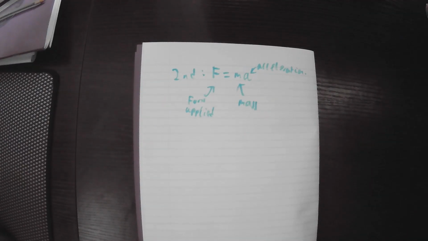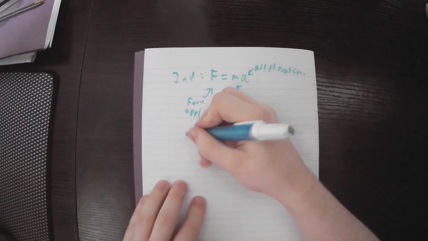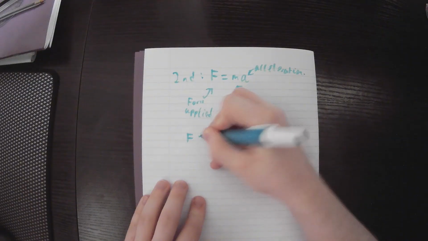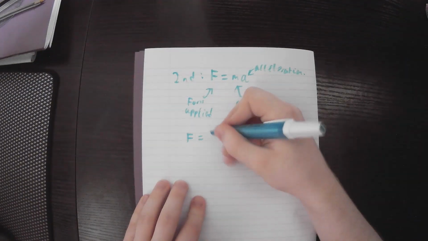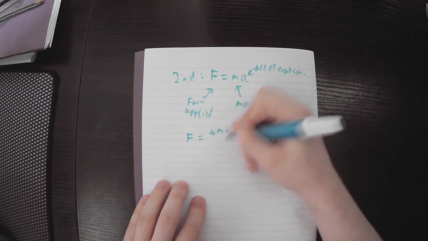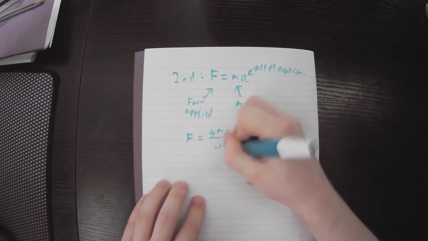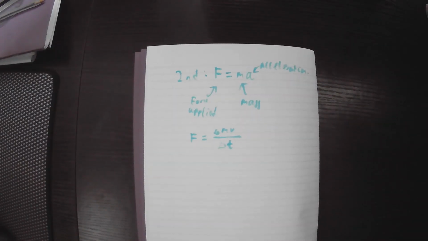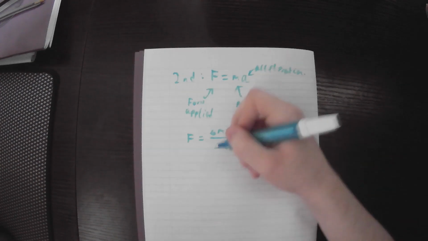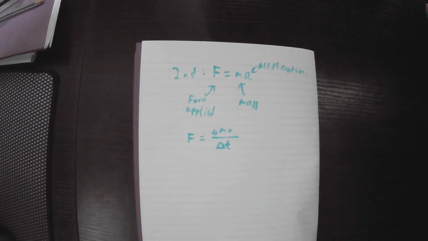Right? Simple enough. Another form that you may see this in, and this is actually the form that Newton made himself, is that F is equal to delta mv over delta t. It is the rate of change of momentum. But how are these two equations the same?